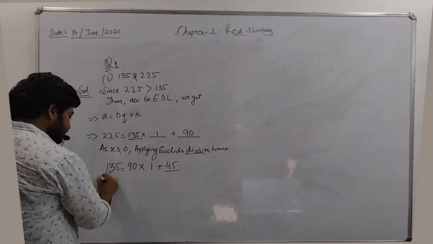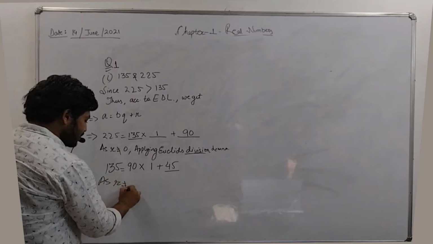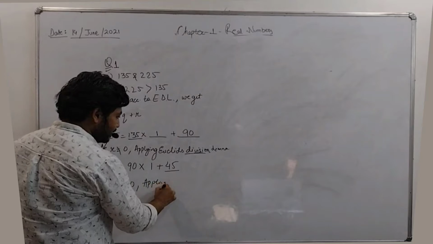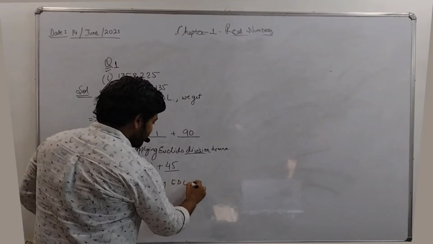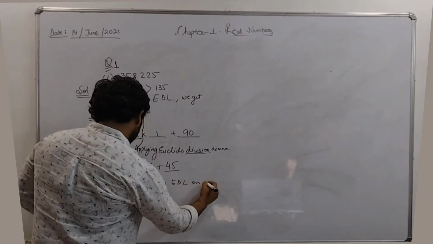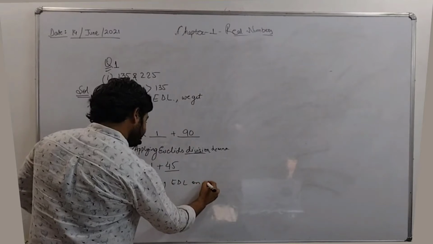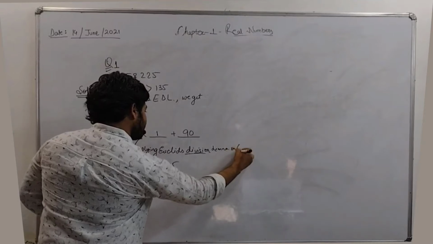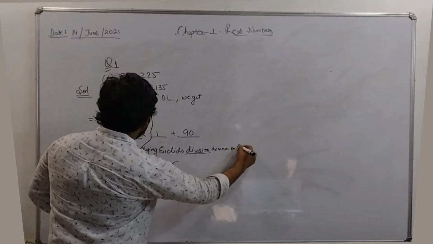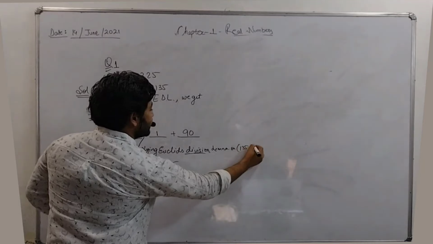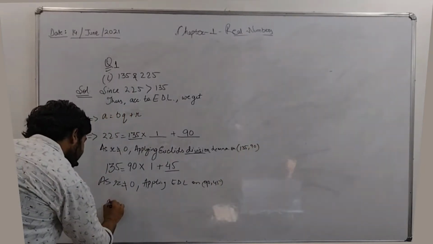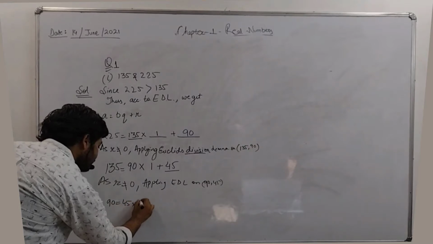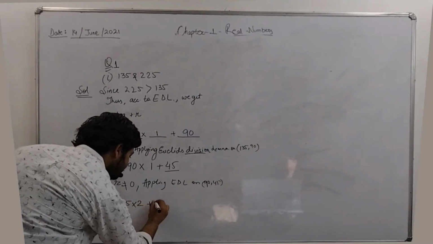Again the remainder is not 0, as R is not equal to 0, applying Euclid's division lemma on 90, 45. Here also please don't forget to write, on 135, 90. Perfect. So 90 becomes a dividend and 45 the divisor. 45 into 2 is 90 plus 0.